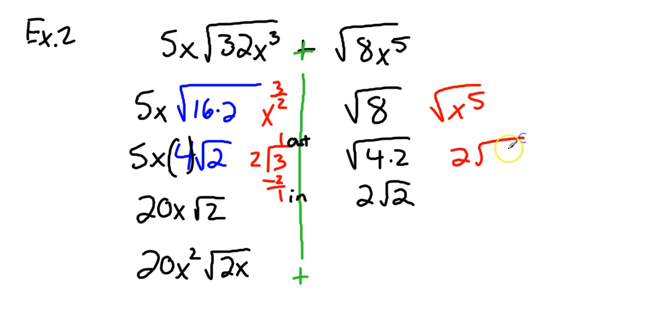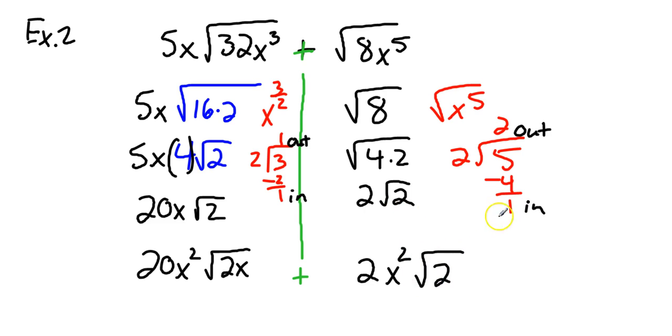You're just going to divide 2 into 5. 2 going into 5 2 times with 1 left over. So we're going to have 2 x's on the outside and then 1 x that's going to be left over on the inside. So this one is 2. Again, we're going to have 2 x's on the outside. We've got the square root of 2, and then we're also going to have 1 more x on the inside.